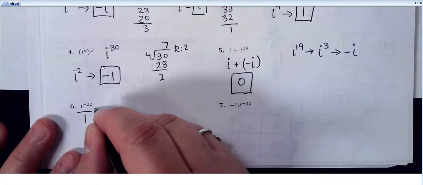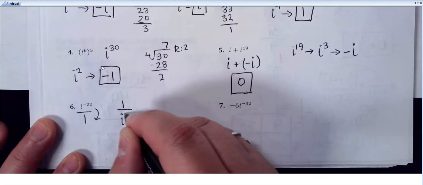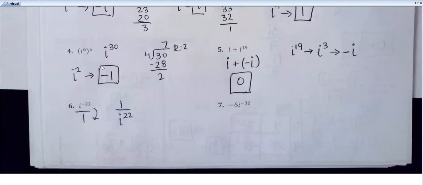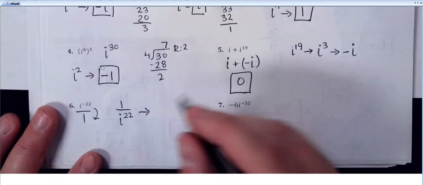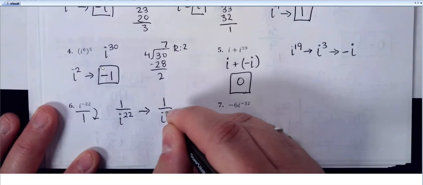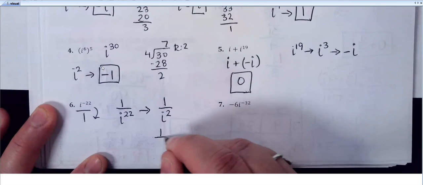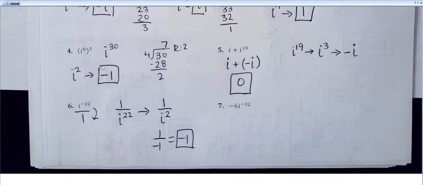So you're going to move it to the opposite part of the fraction and lose that negative exponent. So this would be equivalent to 1 over i to the 22nd. If I divided 4 into 22, what would my remainder be? 2, right? So this would be equivalent to 1 over i squared. What's i squared equal to? Negative 1. So that whole thing simplified would be negative 1.